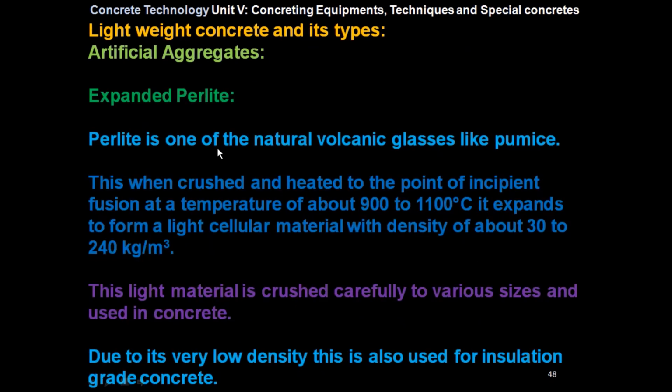Now we will see another artificial aggregate, expanded perlite. Perlite is one of the natural volcanic glasses like pumice. When crushed and heated to the point of incipient fusion at a temperature of about 900 degrees Celsius to 1100 degrees Celsius, it expands to form a light cellular material with a density of about 30 kg per meter cube to 240 kg per meter cube.